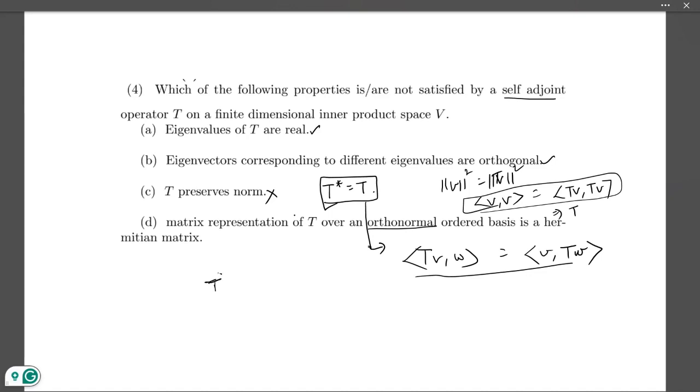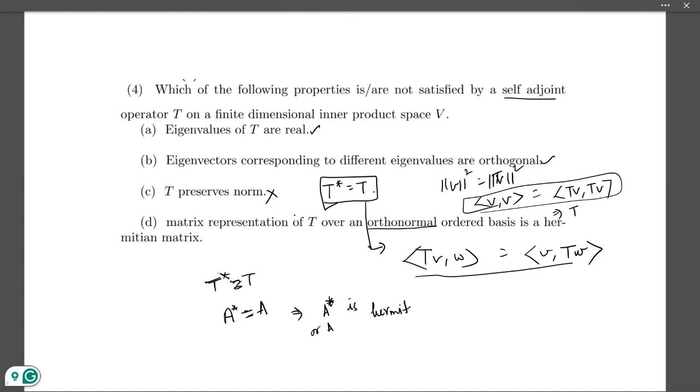Because T star is equal to T, the corresponding matrix representation A star will be A. This only says that A is Hermitian, right?